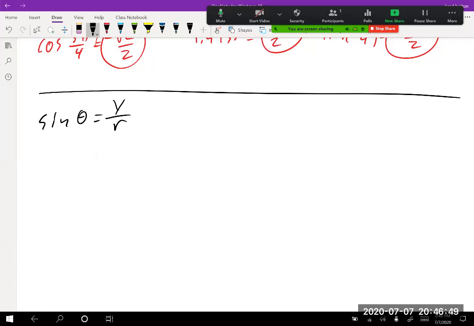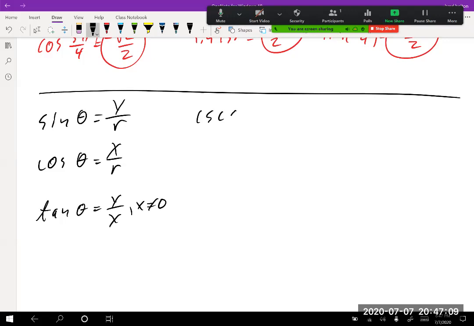So what we're gonna do is we're gonna write all these down now. Instead of for t, we're gonna work with theta. Tangent is y over x, and x obviously cannot equal 0. Cosecant theta, remember theta is just a way to talk about an angle, is now r over y.